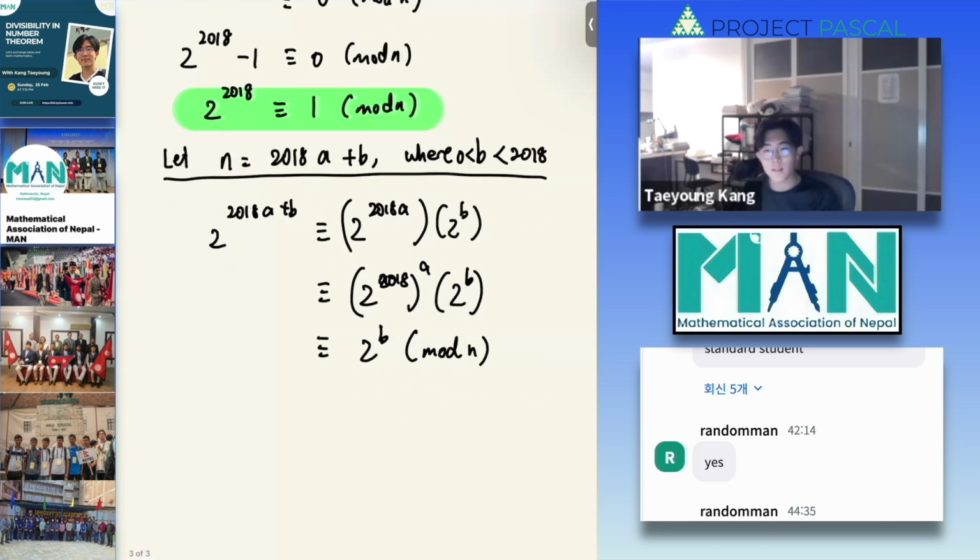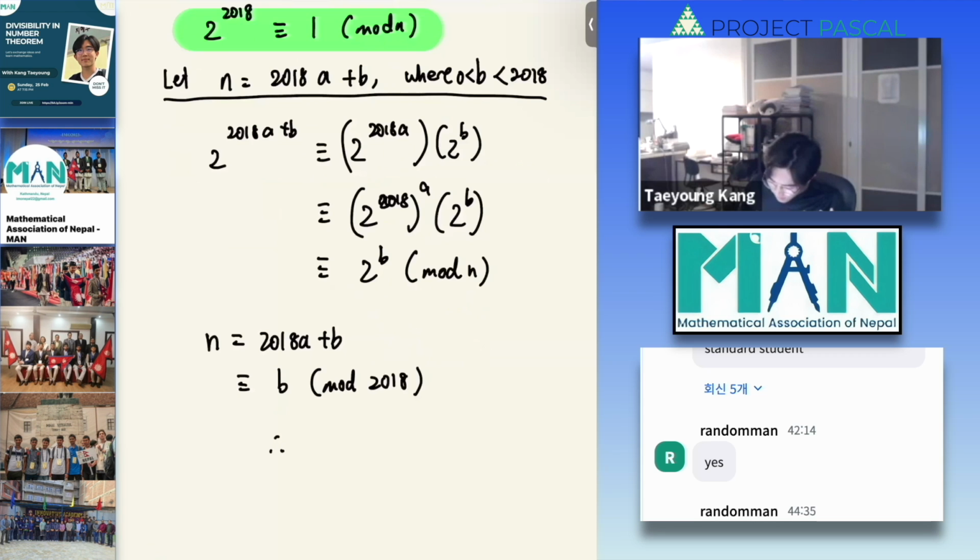And what is 2 to the power of b mod n? We notice that n is equal to 2018a plus b, which is congruent to b mod 2018, correct?